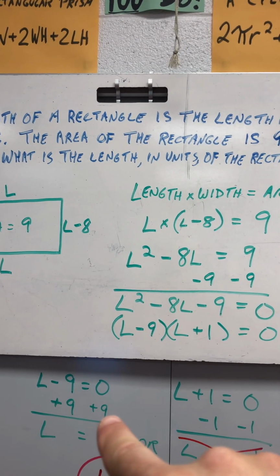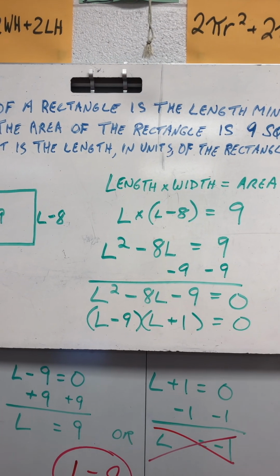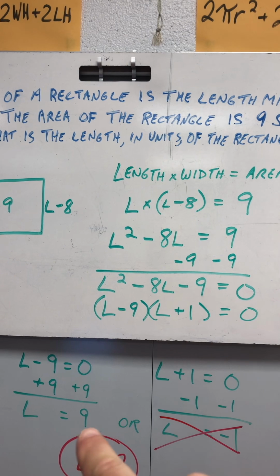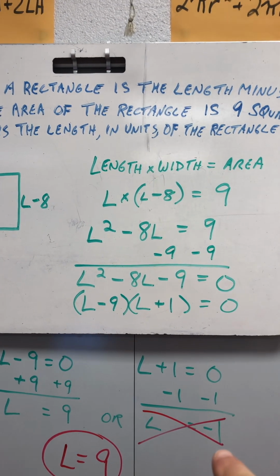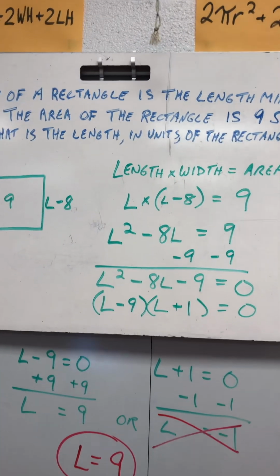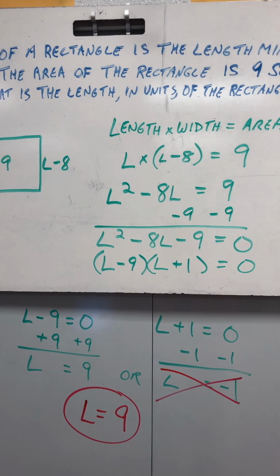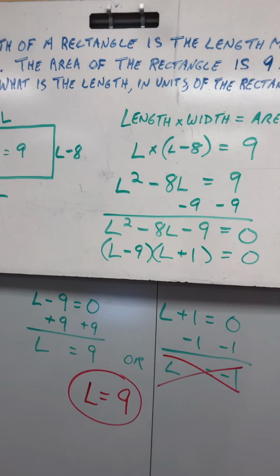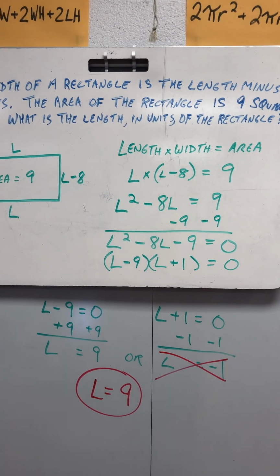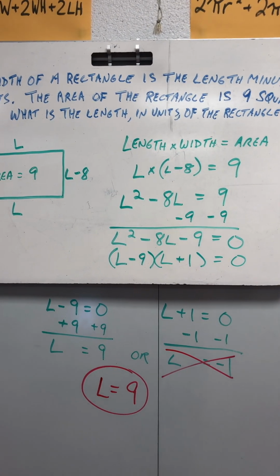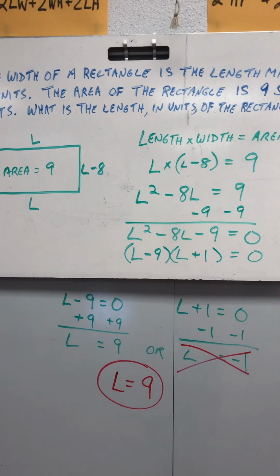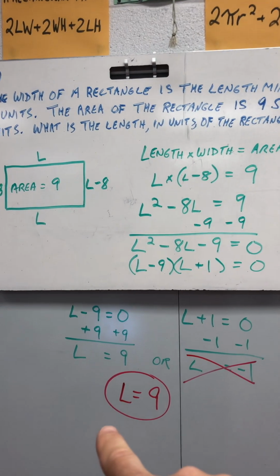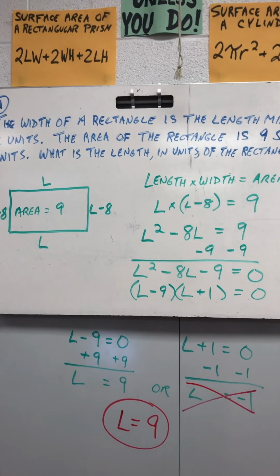Add 9 to both sides, minus 1 to both sides. You get L equals 9. L equals negative 1. Now, is there any such thing as a negative length? No. In each one of these problems, one of your answers will be negative. You have to get rid of that answer. So your answer is length equals 9.